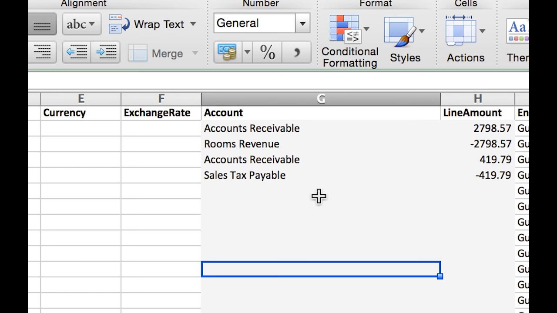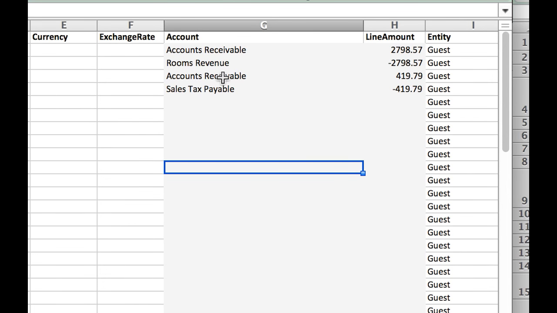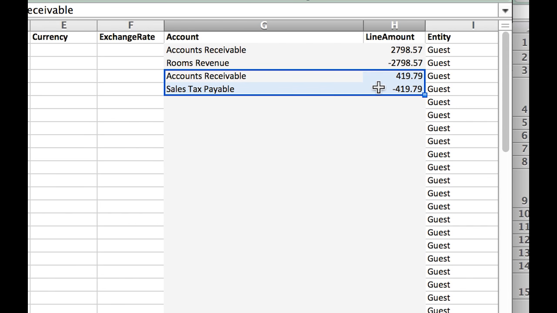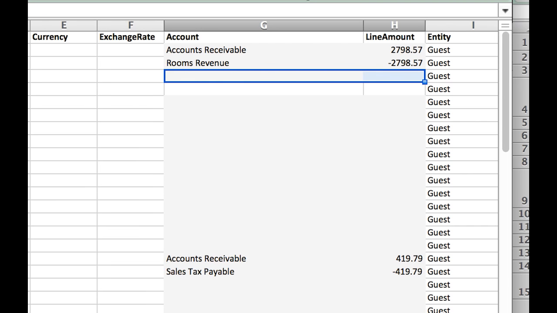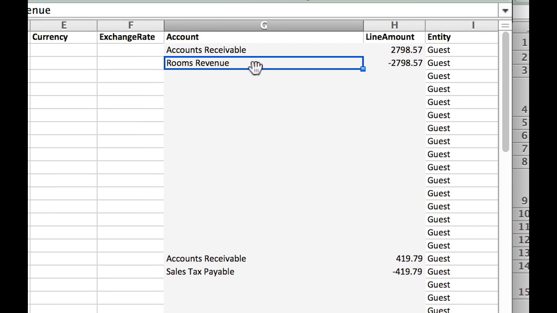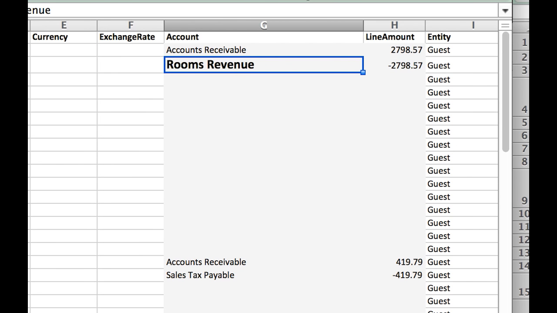We have here what we did last week: the accounts receivable, the room revenue, the sales tax payable. I'm going to first move the accounts receivable and sales tax payable down below, and focus on this room revenue, which shows a negative $2,798.57.